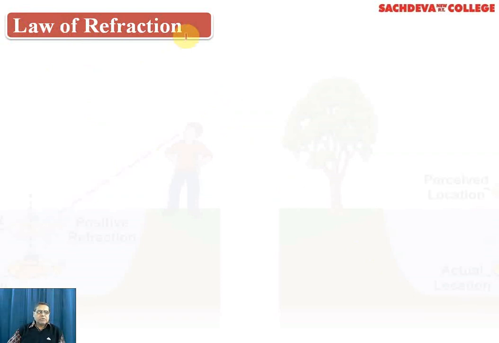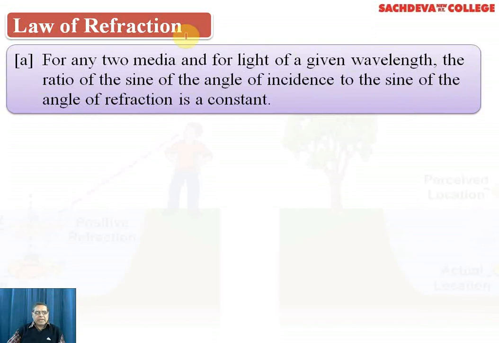They are very similar to the laws of reflection, but there is a slight difference, that is about the bending. However, we know that incident ray, the refracted ray, and the normal all meet at a point in the plane. So, for any two media, for light of a given wavelength, the ratio of the sine of angle of incidence to the sine of angle of refraction is constant.